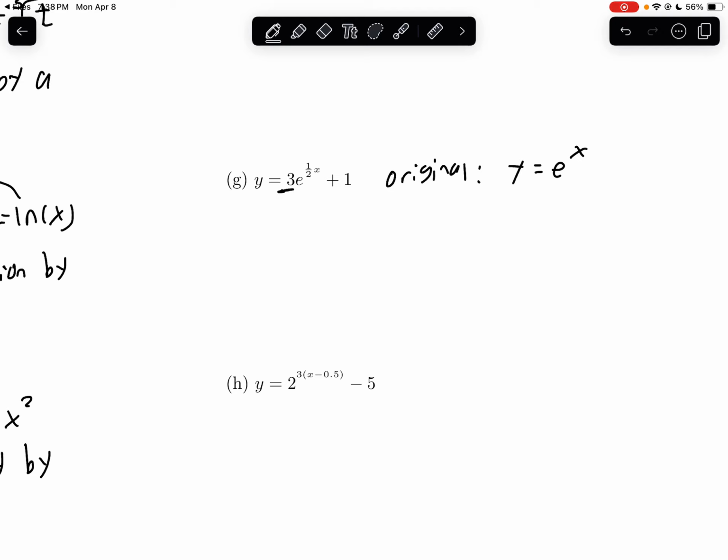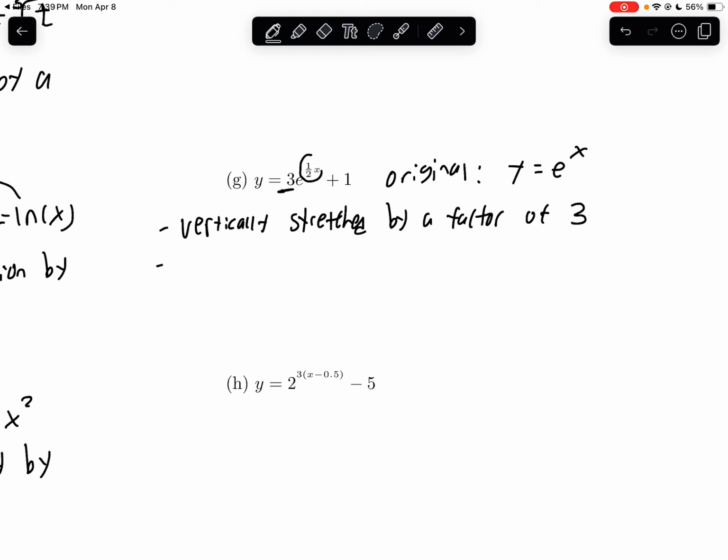Multiplying by the 3 is the vertical expansion, or vertical stretch. So it's vertically stretched by a factor of 3. And that's the first one.